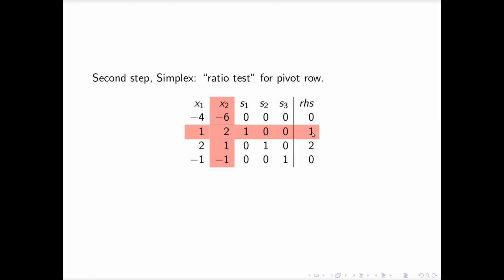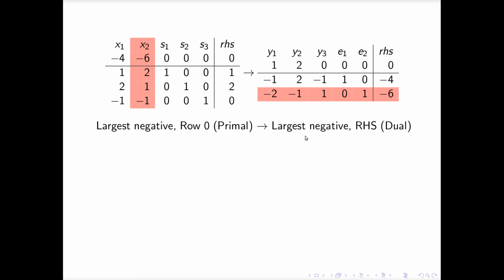Okay, so that means the 2 here is our pivot, and let's see what that corresponds to in terms of our dual, in terms of the minimization tableau directly. So instead of looking at the -6 in row 0, what we could have done in the original tableau is look to the right hand side for the biggest negative value.